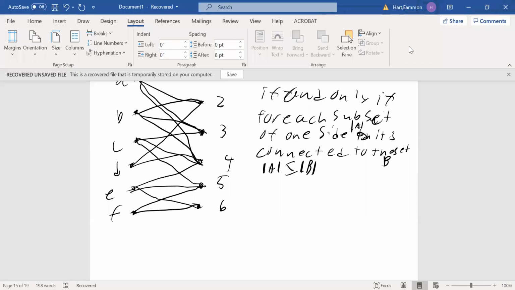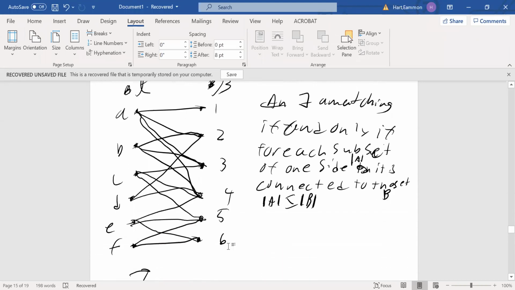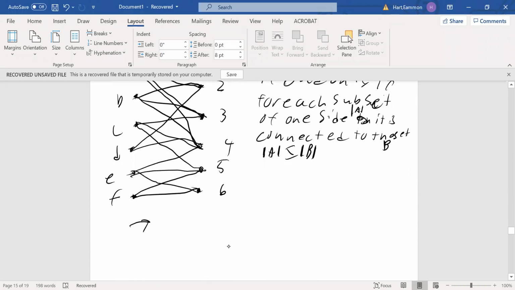So let's prove this result. Let's prove that direction. Assume there exists a matching.